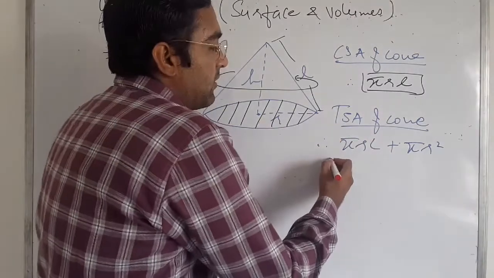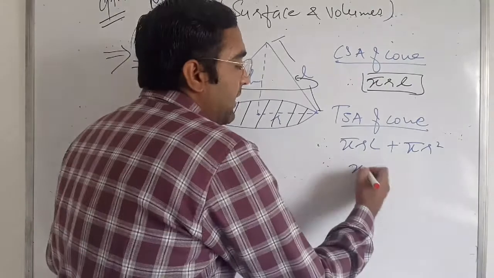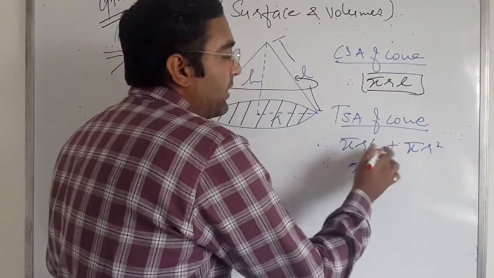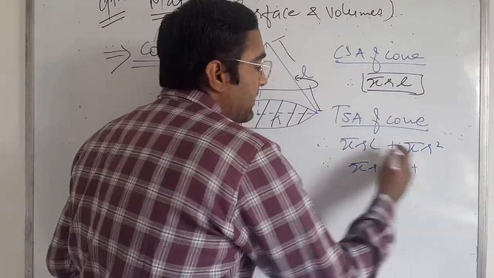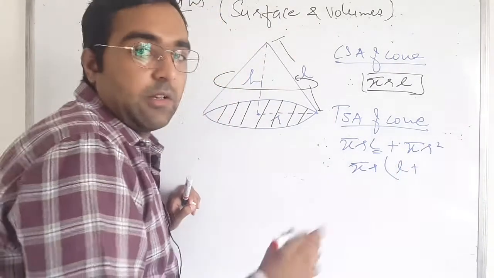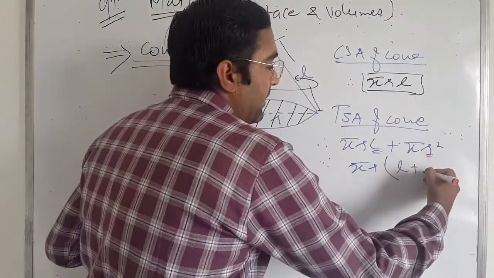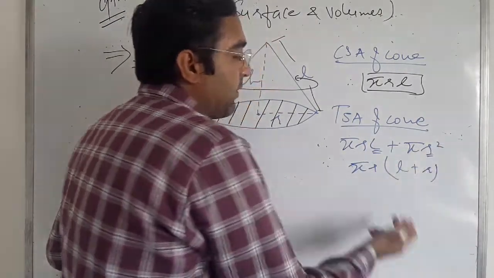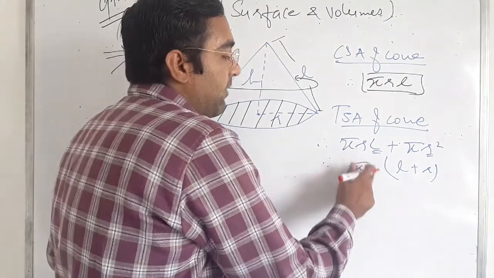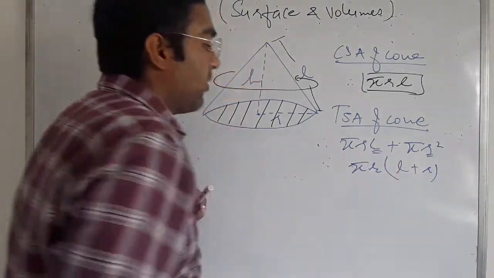From this we take pi r as common, and what is the remaining part? That is l from the first and r from the second, because here is r square and we take one r as common.